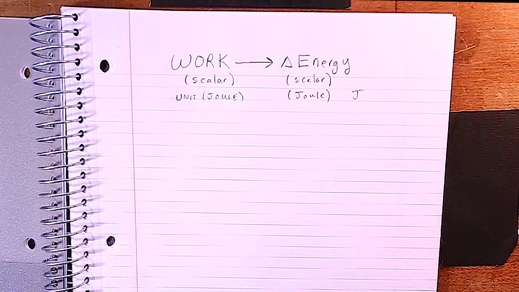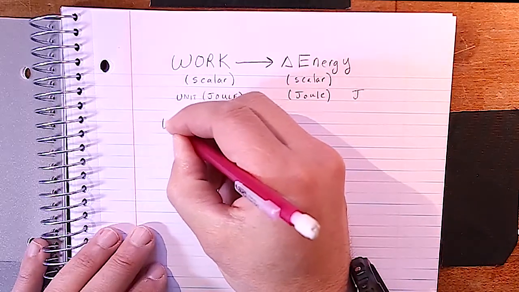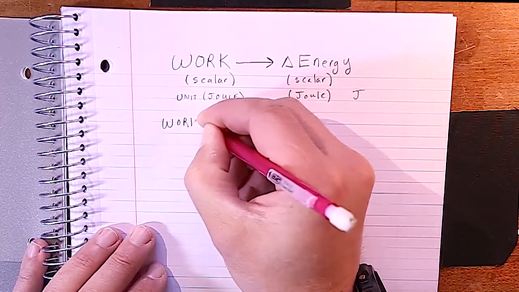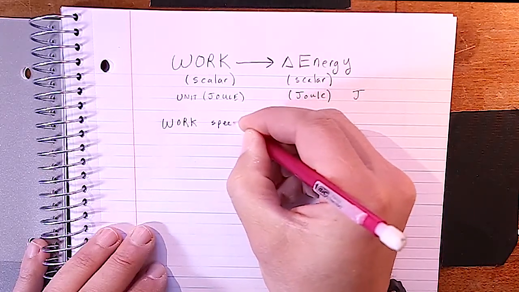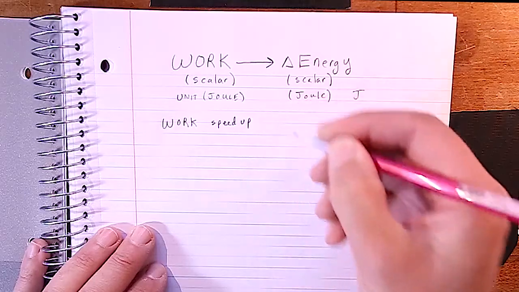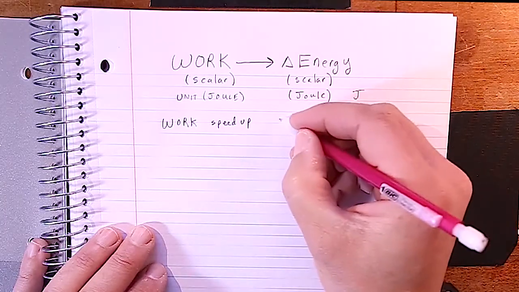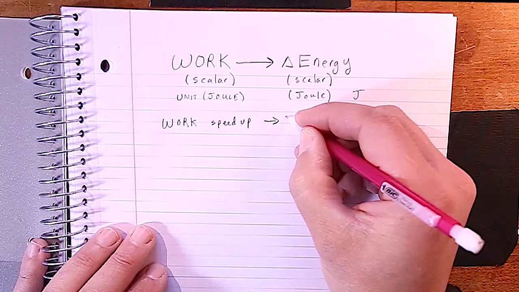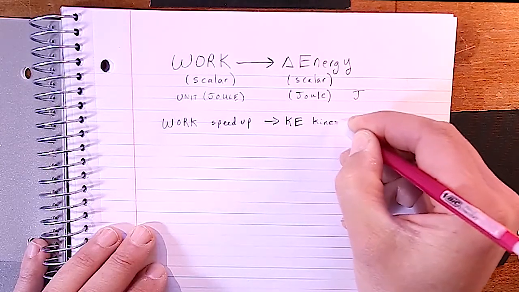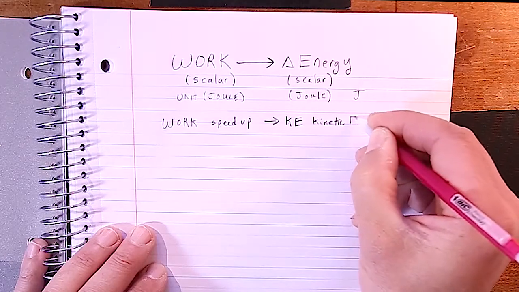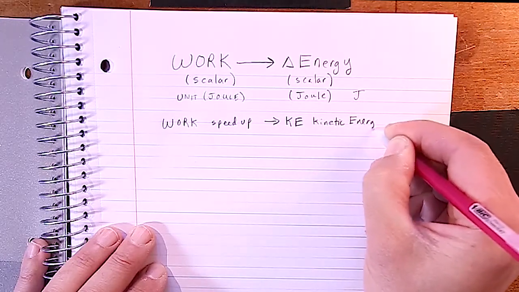So let's say that we did some work on an object, and the work that we did speeds up the object, so it makes it go faster. In that case, you get KE, that is kinetic energy. You can think of kinetic energy as energy of motion.